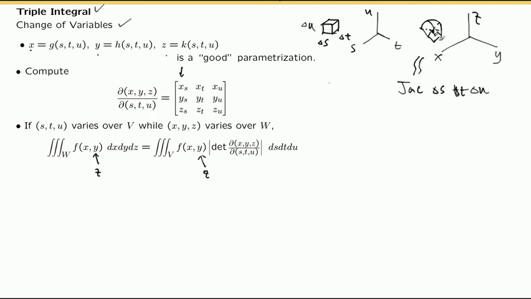Okay? So this volume multiplied by its density is actually the mass of the sample. So you integrate it like this. Alright? Same principle, one more variable. Make sense?